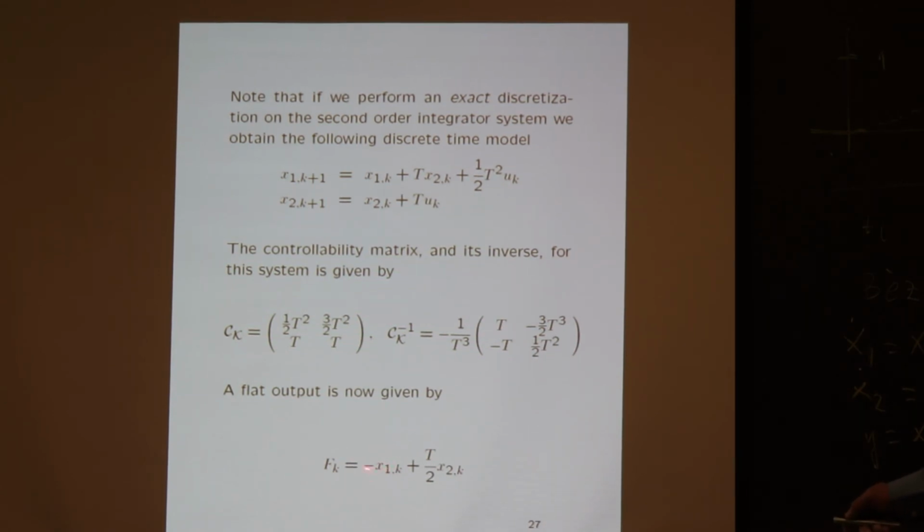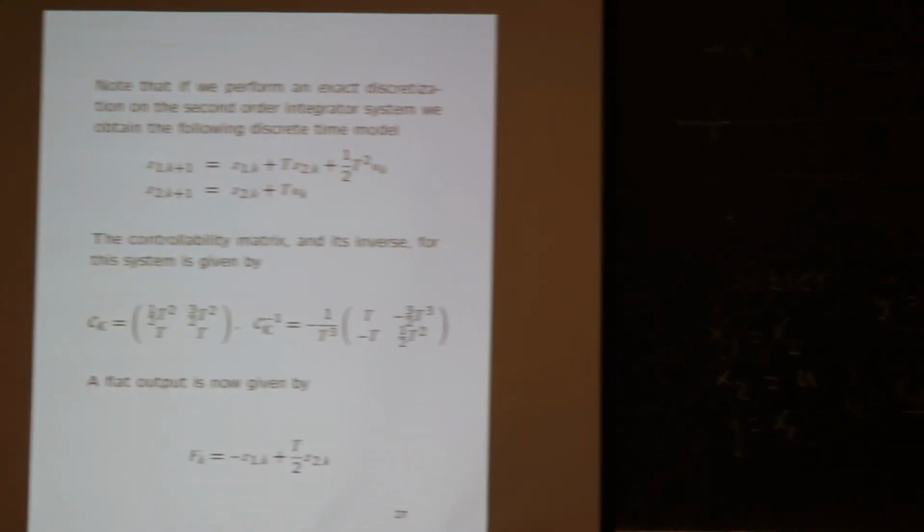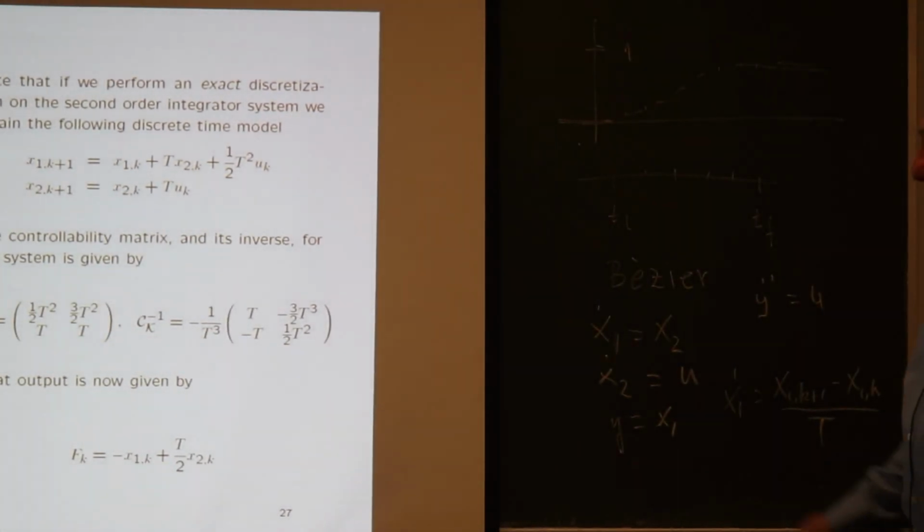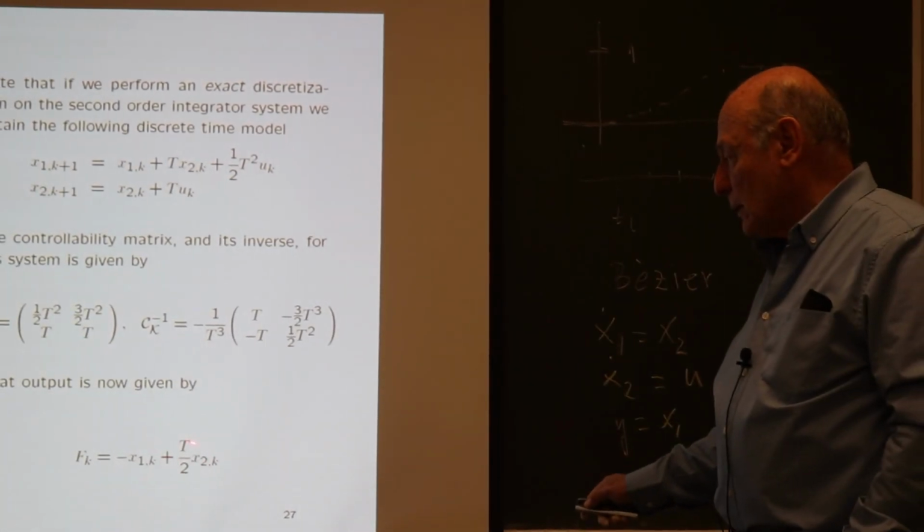This minus wouldn't make any difference. If, let's say, t is so small that you can neglect this, the flat output coincides with the other. So the exact discretization leads in the limit to the same original differential equations, but only when t goes to 0.